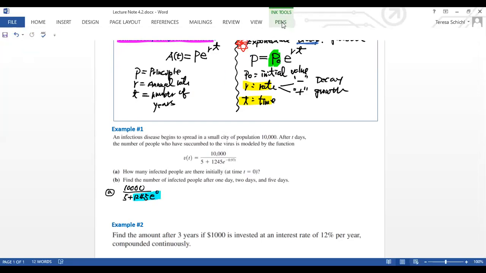So this will be 10,000 over 5 plus 1,245. Now you get the number 8. That means initially you only have 8 people to start with.